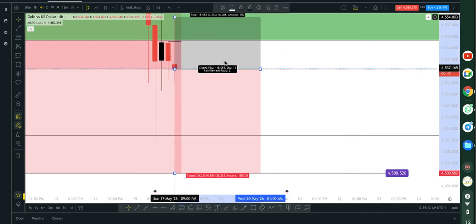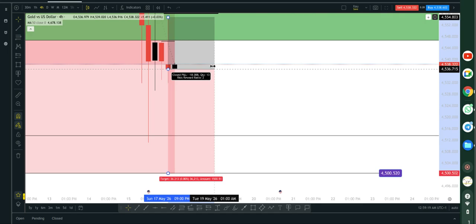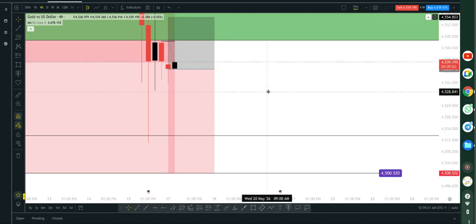We have just less than 40 something seconds for the next 4 hour candle to start. So okay, my alarm is playing.